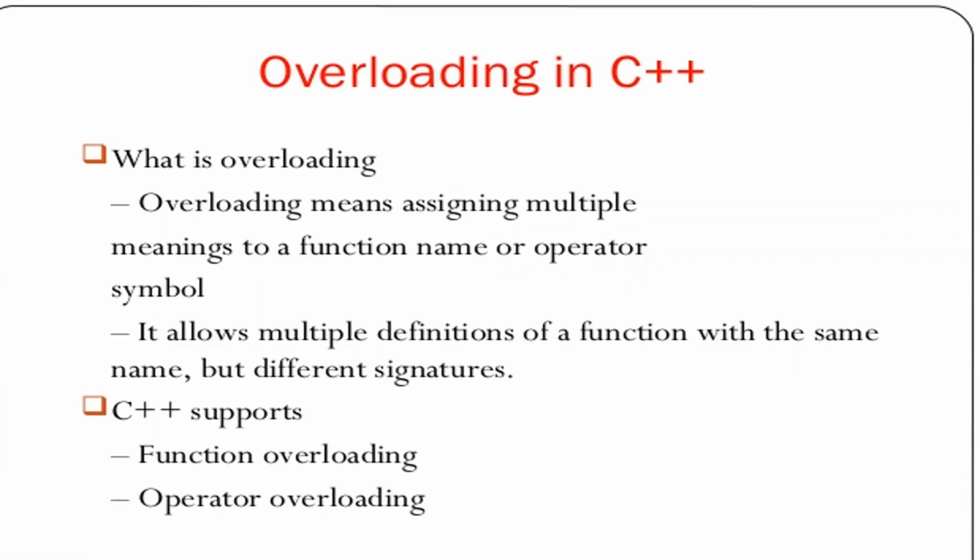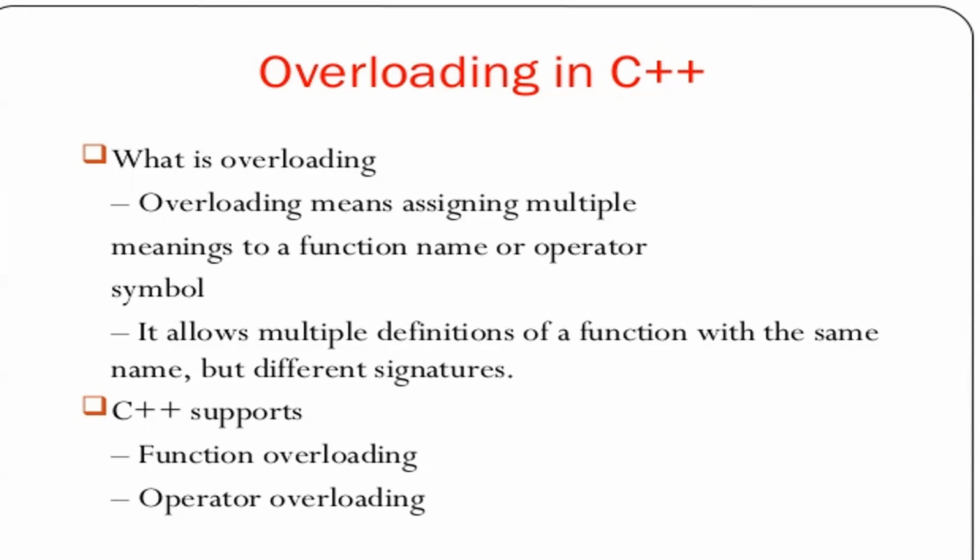Now, overloading, what do you mean by the word overloading? Overloading means when we give some extra work to a method. So here overloading means assigning multiple meanings to a function or an operator. Function overloading and operator overloading mean one task they are meant to do, but we are giving them more than one task.